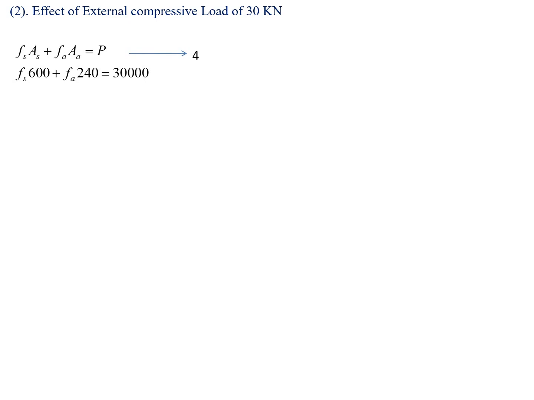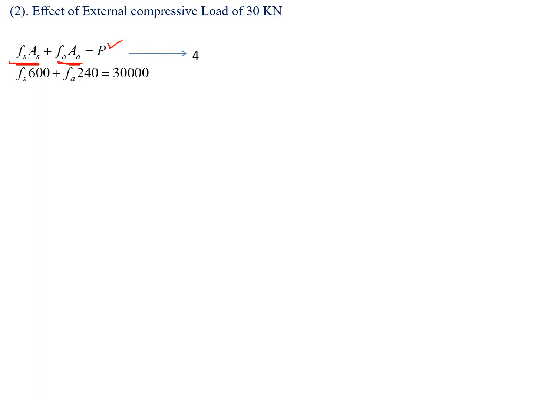Also, we know that load is nothing but stress times cross-sectional area. So the load on the aluminum bar is the stress in the aluminum bar times the cross-sectional area of the aluminum bar, plus the load on the steel bar, which is the stress in the steel bar times the cross-sectional area of the steel bar, equal to the total applied load.